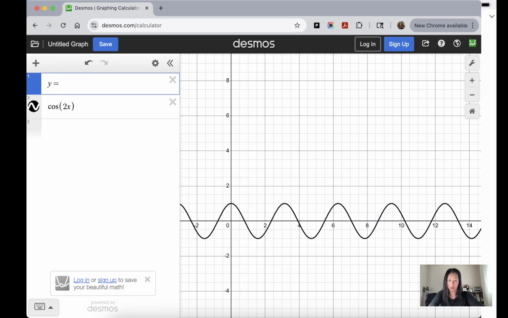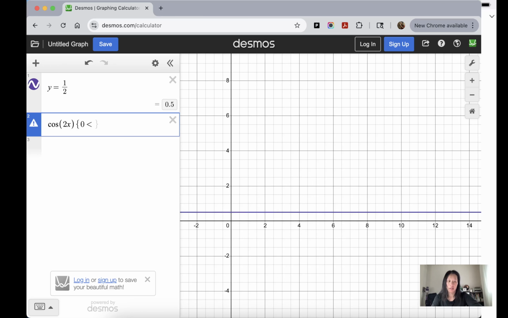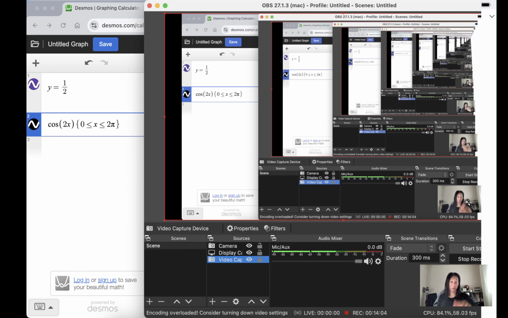Let me move the purple one to 1/2. And x is from 0 to 2 pi. Look, we do have 1, 2, 3, 4 solutions. And we are right. Always check your answer with decimal. It's super helpful.